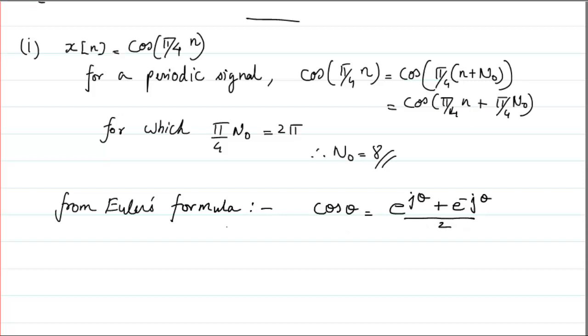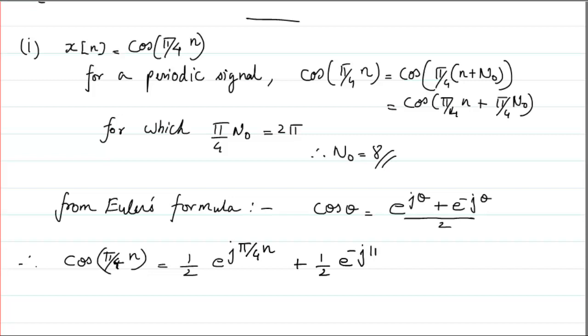So we will use the same formula here, and we will write cos pi by 4 n as 1 by 2 e raised to power j pi by 4 n plus 1 by 2 e raised to power minus j pi by 4 n. I will name this as equation 1.